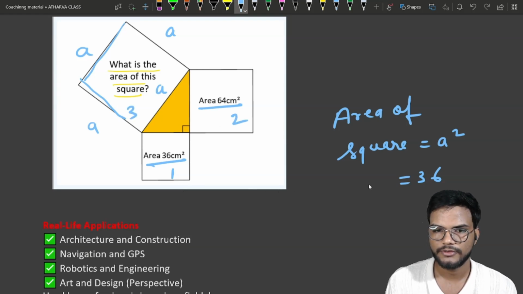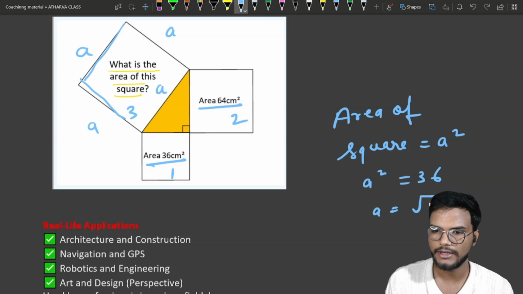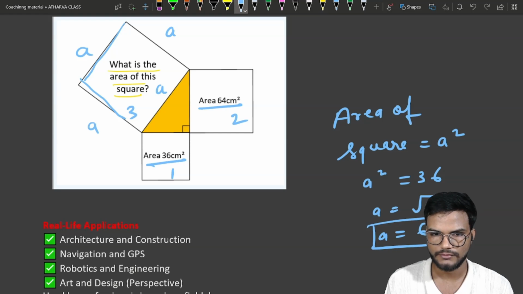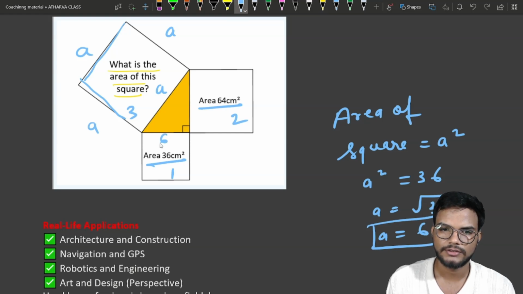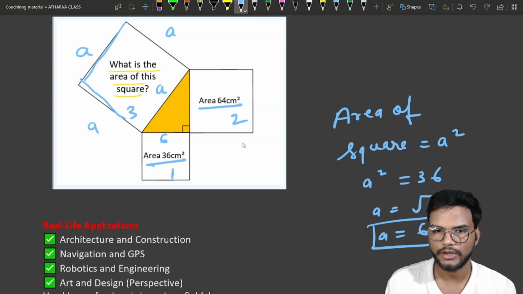So for the first we need to find the side. For this we can do a square equals 36, and just take the square root on both sides, you will get the square root of 36, right? And you are going to get a as 6. Now 6 is the side of this square 1.